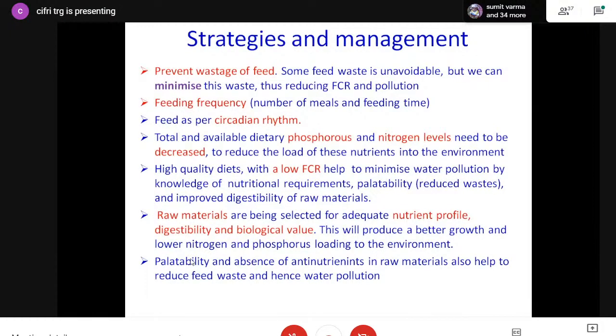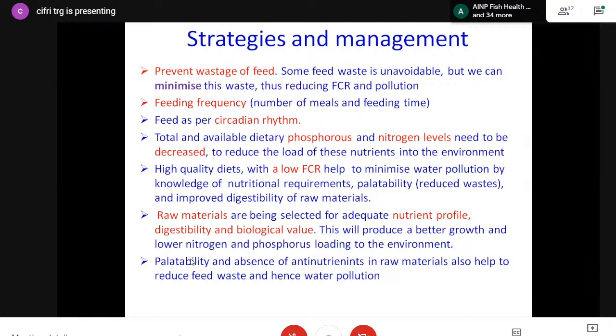If we follow the circadian rhythm, there will be a lot of benefits. And if we follow these 2-3 protocols, there will be less phosphorus and less nitrogen in the system.